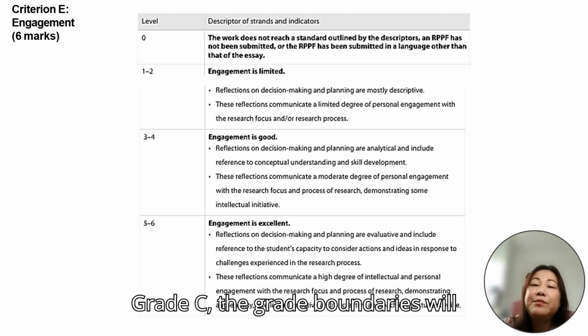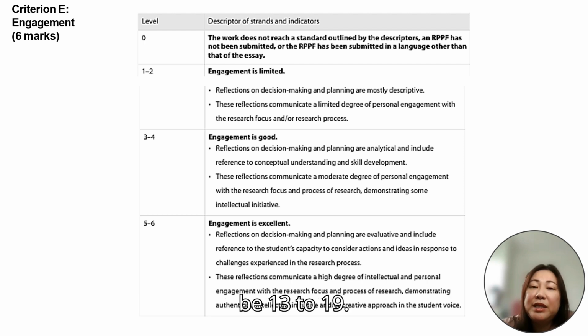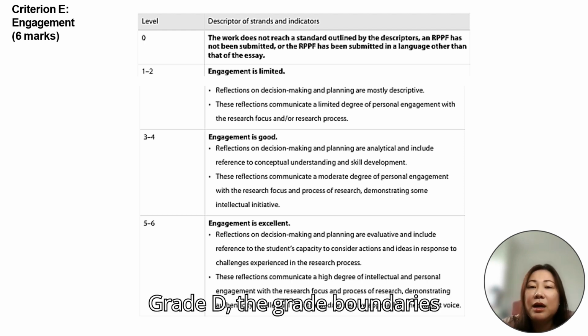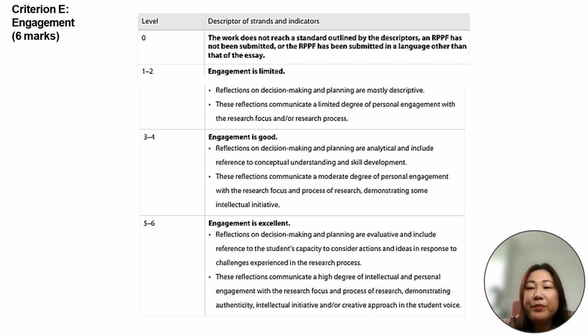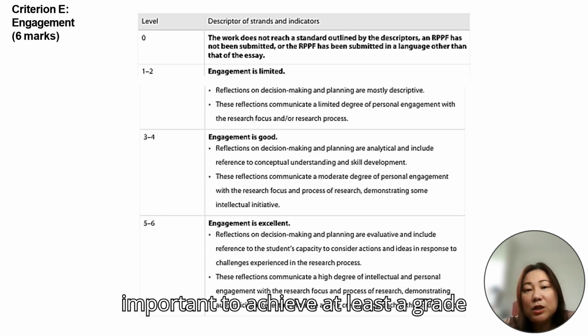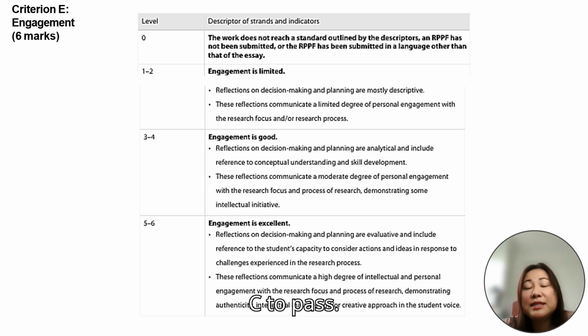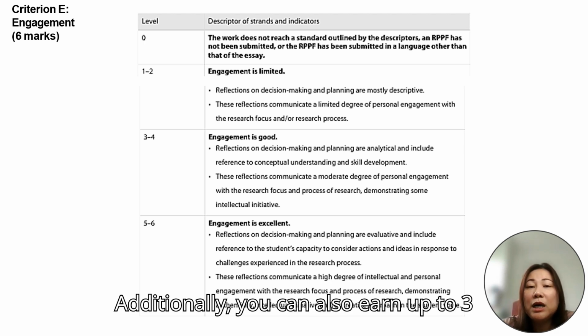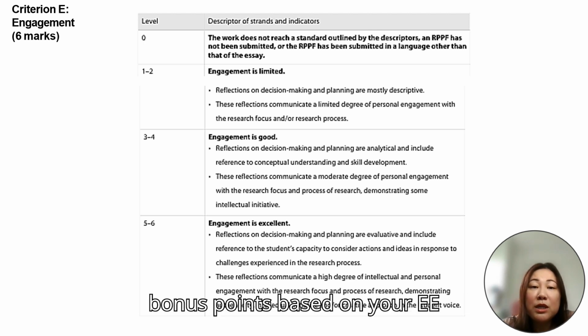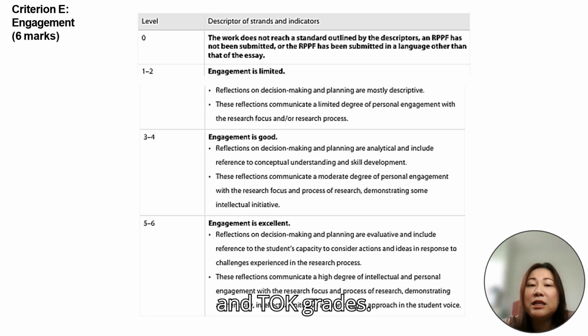Grade C, the grade boundaries will be 13 to 19. Grade D, the grade boundaries will be 6 to 12. And E will be from 0 to 5. So it is important to achieve at least a grade C to pass. Additionally, you can also earn up to 3 bonus points based on your EE and TOK grades.